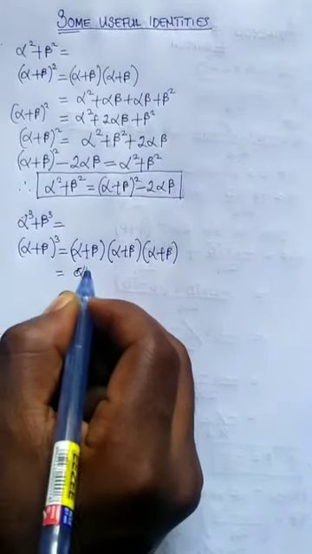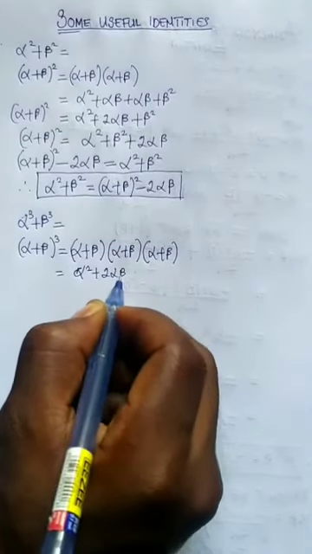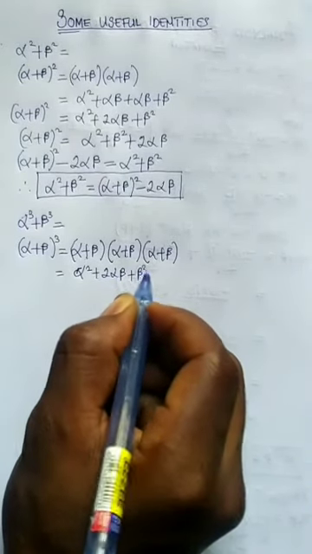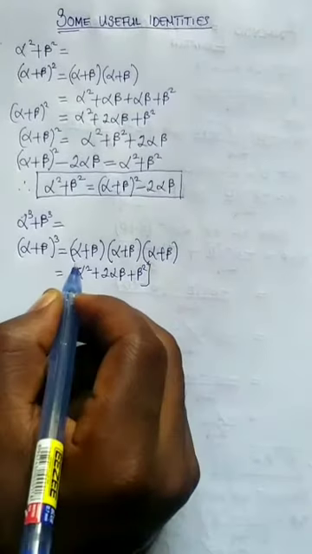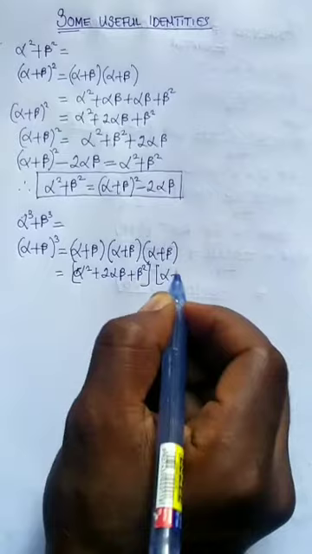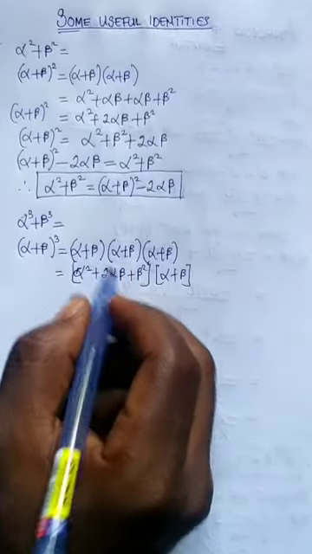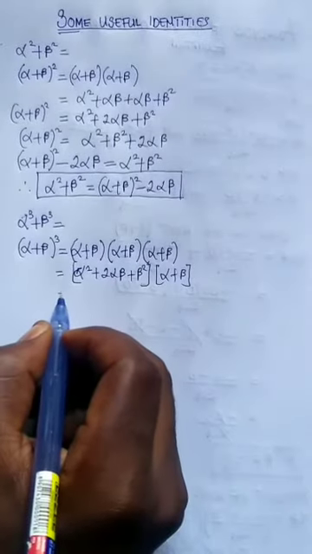So I can easily put my alpha square plus 2 alpha beta plus beta square. So when you expand this, this is what you're having. So I expanded these 2, right? Now let's move further.